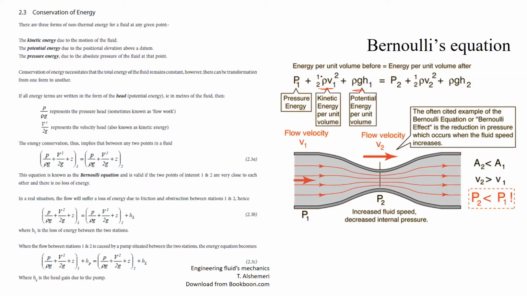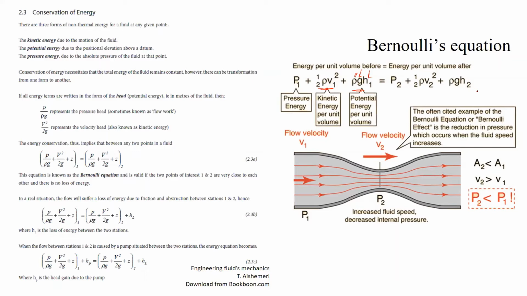Kinetic energy per unit volume is half rho v square, where v is velocity and rho is density. Potential energy is rho g h, where g is gravitational acceleration and h is height. This is conservation of energy.